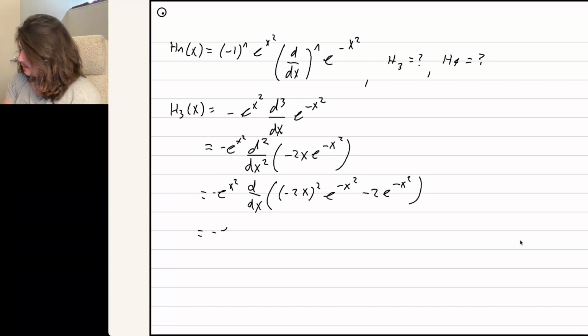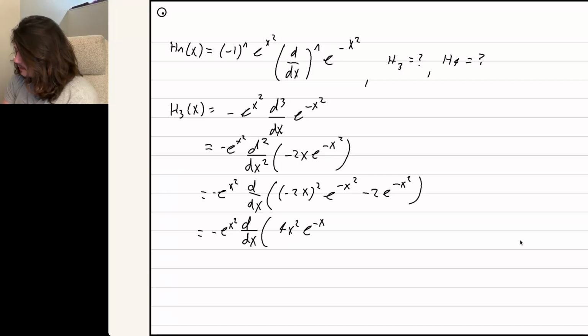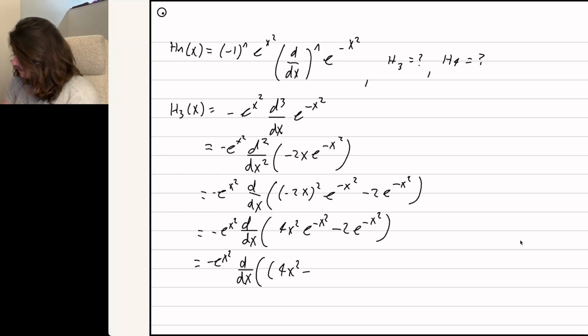which is, I'm going to simplify that a little bit, doing the first derivative of 4x squared times e to the minus x squared minus 2e to the minus x squared. So minus e to the x squared d dx of 4x squared minus 2 times e to the minus x squared.